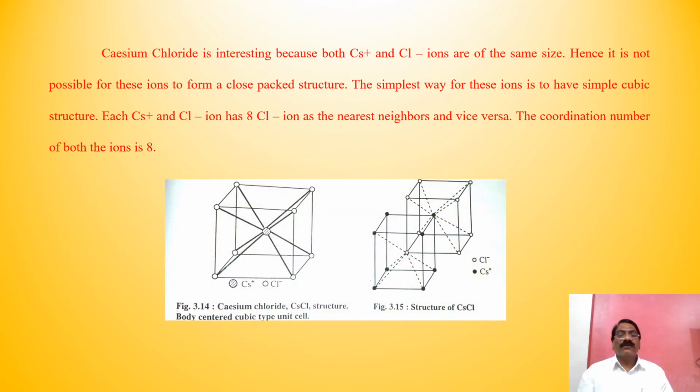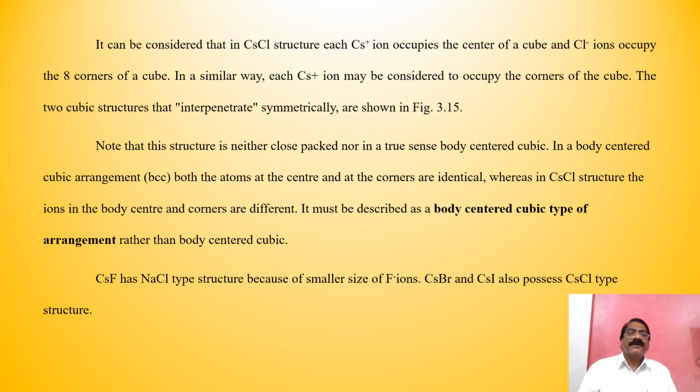See the structure of cesium chloride. At the center there is a large dark circle, it is Cs, and hollow circles at the 8 corners of the cube, and thus they form such a cubic structure, which is followed by different ionic solids which have nearly the same size.